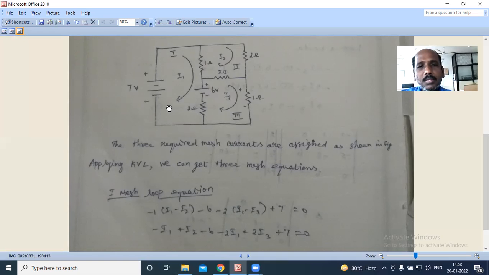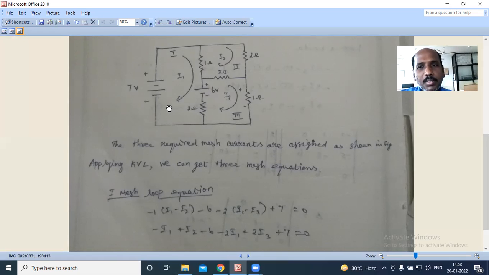As per this, for example, the first statement: potential rises equal to drops means 7 volt is equal to all the drops; if you add them, we get 7 volt. For the second statement, the algebraic sum of voltages around the closed path is equal to 0.